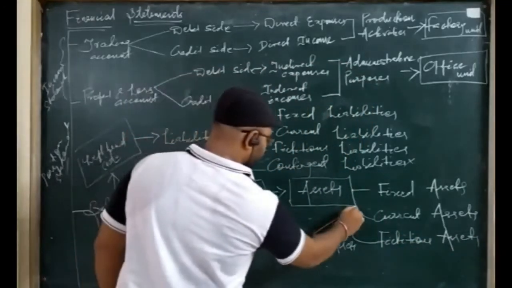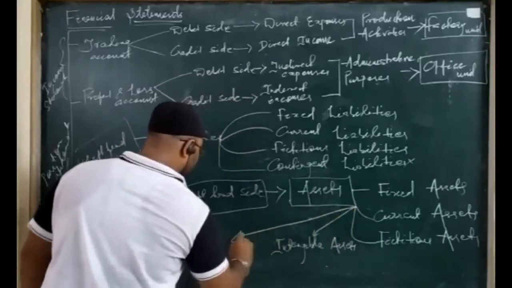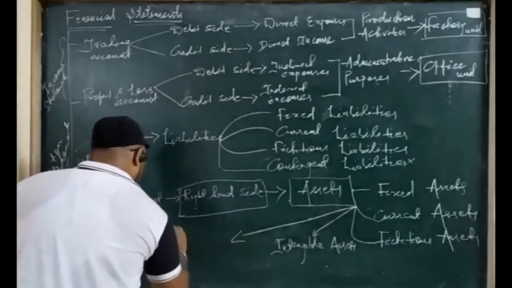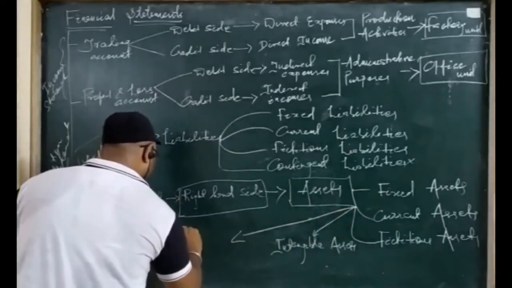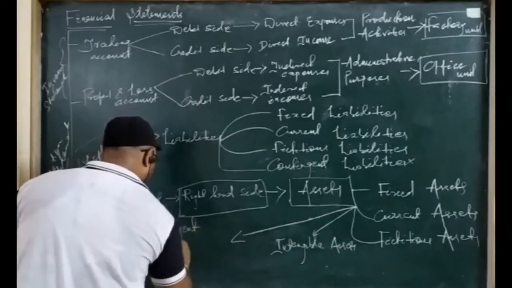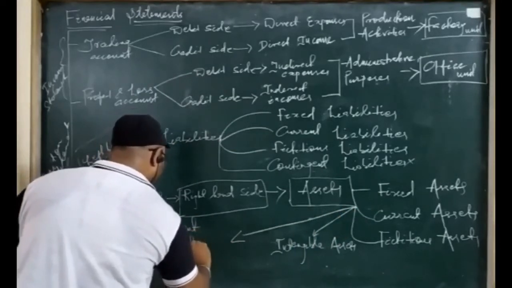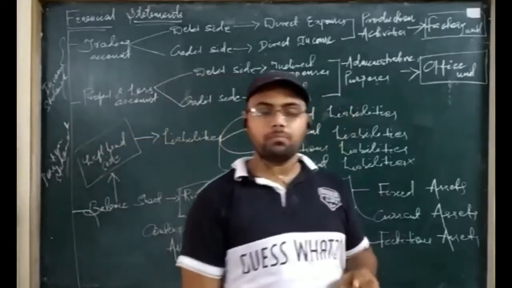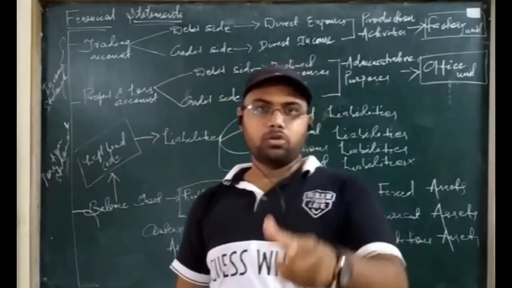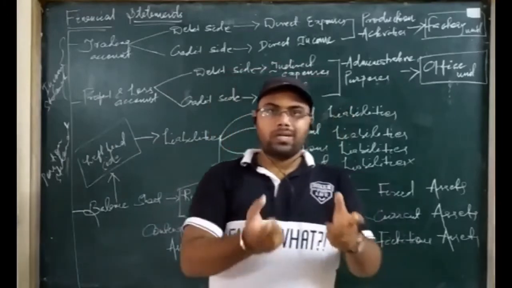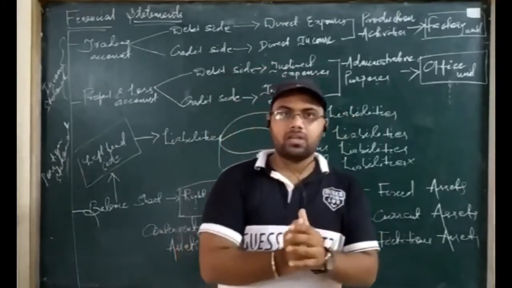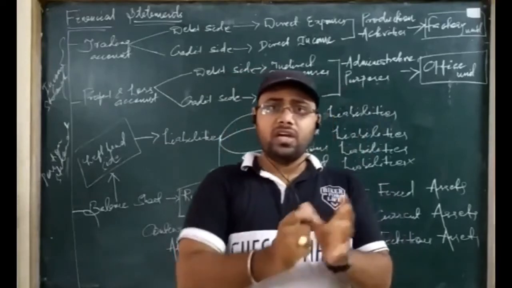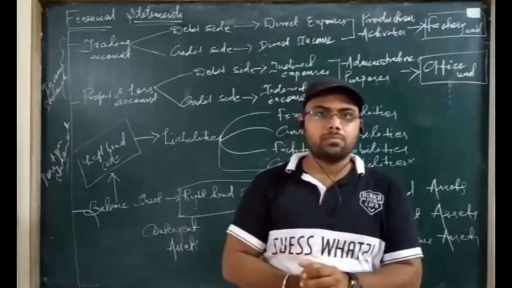Then another type of asset is contingent asset. Likewise, the contingent liability, contingent assets are also having very less chance to occur in the business organization. So coming to the examples of contingent assets and liabilities, I have also told in the specimen part what contingency means and what kind of contingency liability exists in the business organization and what kind of contingent asset exists in the business organization.